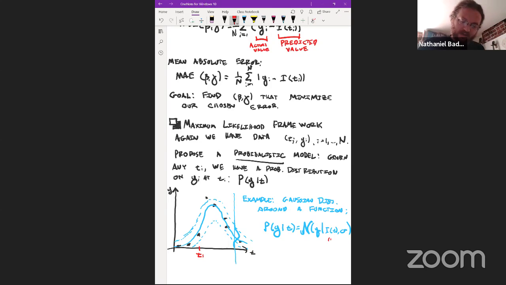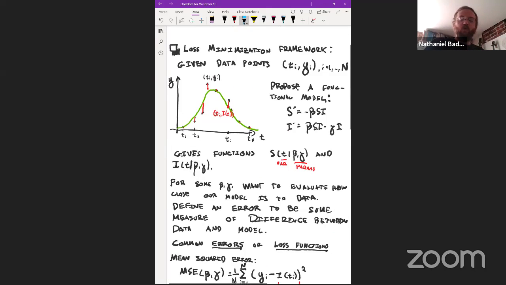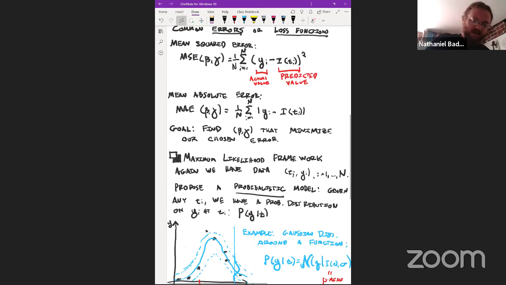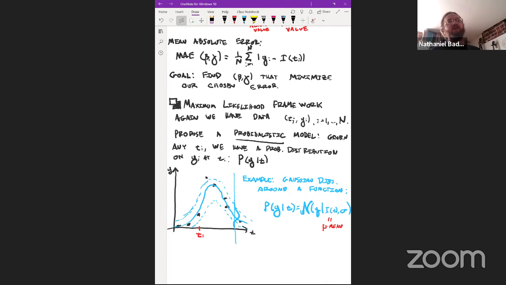So in some sense there isn't anything that different here. Of course, we can make this much more general, but there isn't anything that difficult so far. It's just that in the earlier case we didn't stipulate what the noise looks like, and in this case we are. The expectation value is still going to be this functional model.